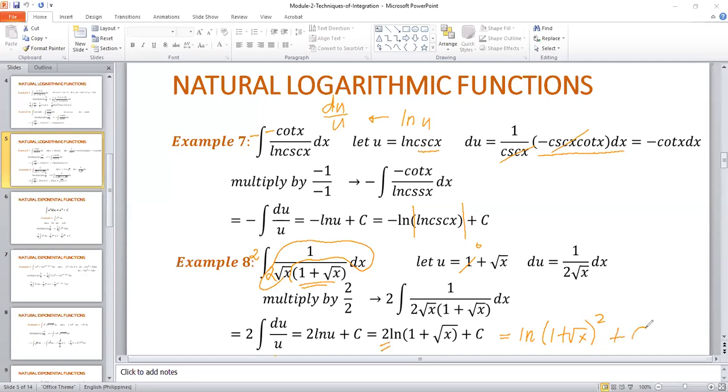So whichever way you write it, they're the same thing. So probably later on when it's multiple choice, you may keep on looking for this and you don't find it, but its equivalent is this one. So you still have to recall your previously learned concepts in your EMA 101.